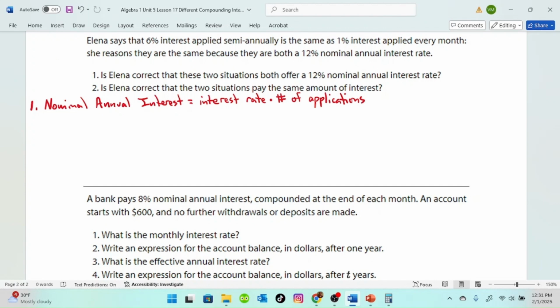So in this case, 6% times semi-annually, which means 2 times, equals 12%. The other one is 1% applied every month, means 12 applications. So that equals 12%. So the answer would be yes.